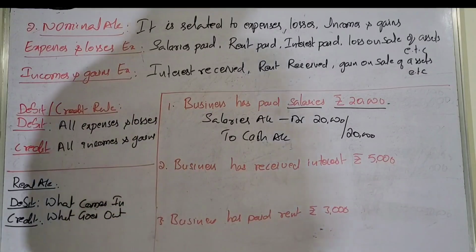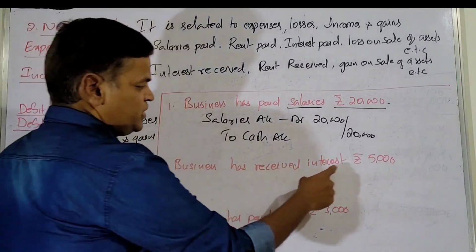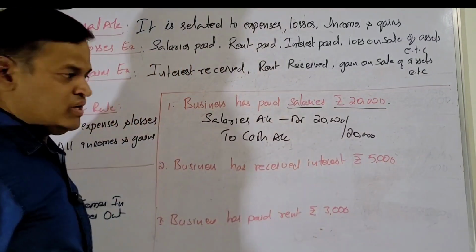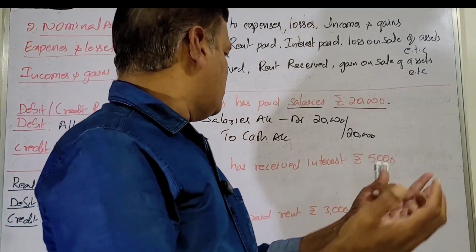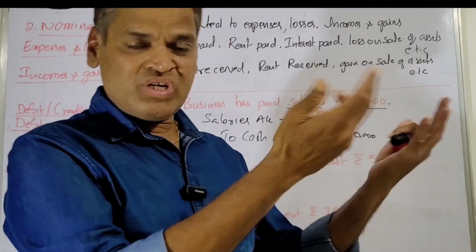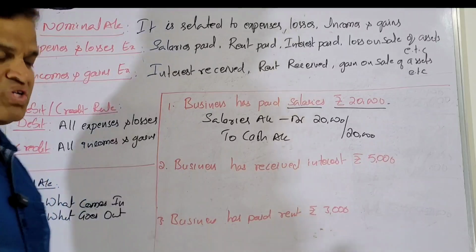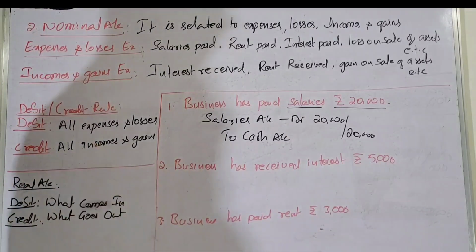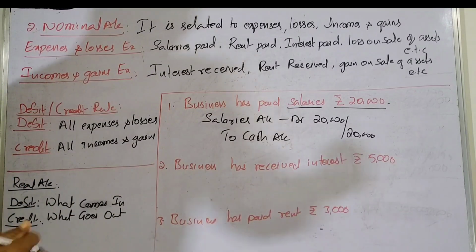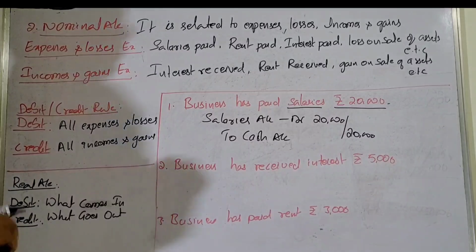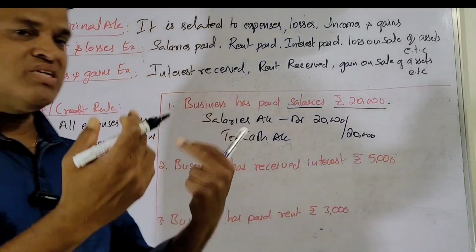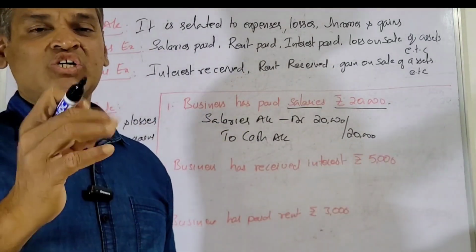Let's see one more. Business has received interest rupees 5,000 from an outside party, right? So now we have to check according to real account. According to real account, what comes in debit? If any asset is coming into the business, that should be debited.